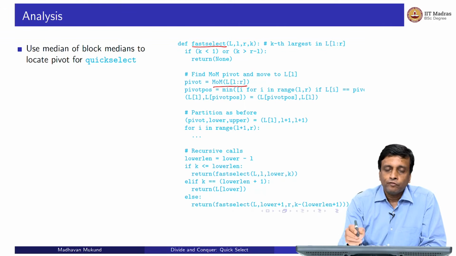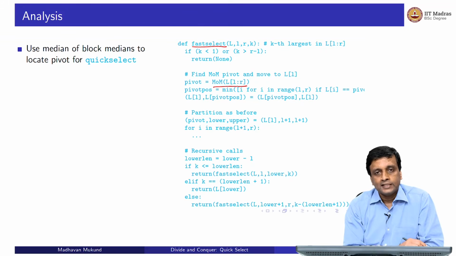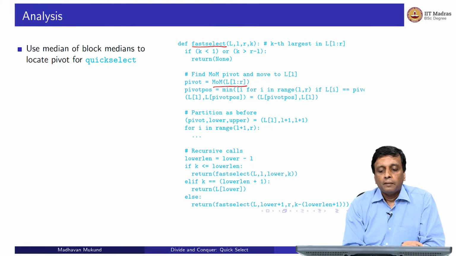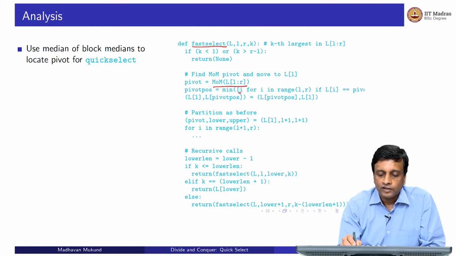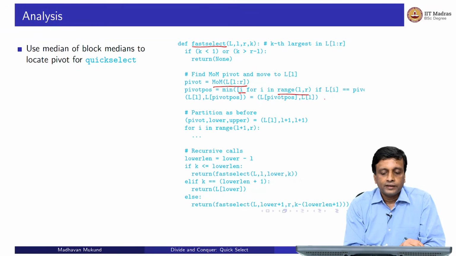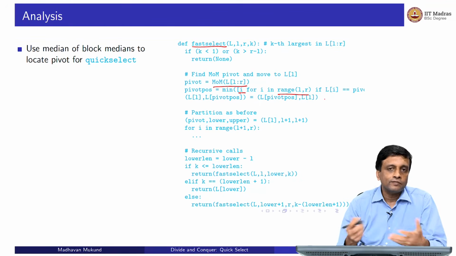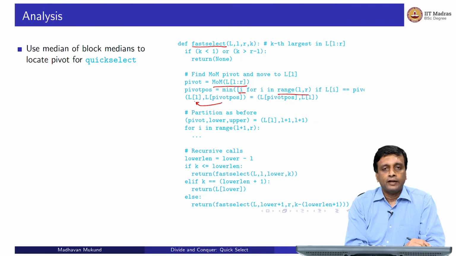So you want to find the kth element in the slice L to R. Instead of taking position L as your pivot, you call the median of medians algorithm on this slice. This gives you a pivot somewhere in the slice, so you have to find that position. We find the first i in this range which has the value of the pivot, and to make the rest of the partitioning look similar, we move that pivot to the left hand side.